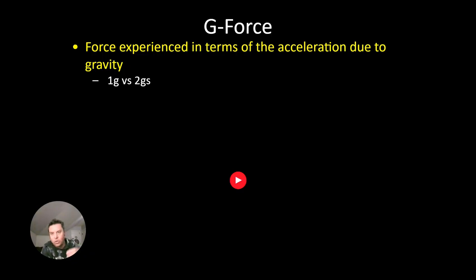G is 9.8, so at 1G you're experiencing 9.8 meters per second squared. At 2Gs, you're experiencing twice that, so 19.6 meters per second squared. 3Gs, 4Gs, you get the idea. It's twice your weight, 3 times your weight. That's the G-force. So sometimes in circular motion, we describe that force that you feel as a G-force.